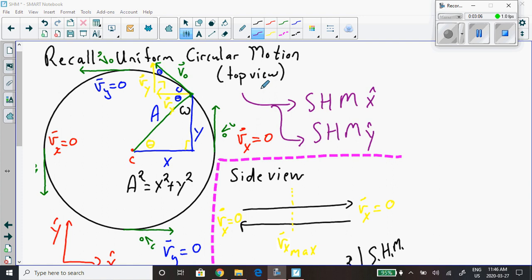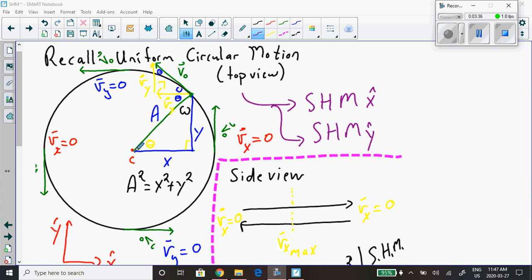So if we take a look at an object undergoing uniform circular motion, here's a circle, it's moving around here, all right? And this is where it's at right now. At this point, we're going to say that it is a distance away from the center, which we know as the radius, and I'm going to call that radius A, okay?